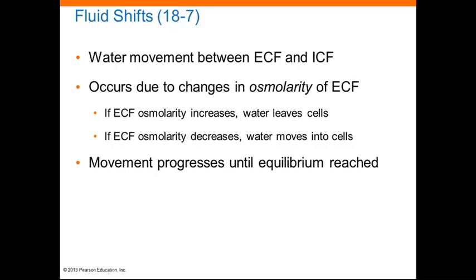If the extracellular fluid becomes hypotonic, so osmolarity decreases, then water will move into the cells until equilibrium is reached. In effect, instead of a large change in osmotic concentration of the extracellular fluid, small changes can occur in both the extracellular and intracellular fluid compartments.